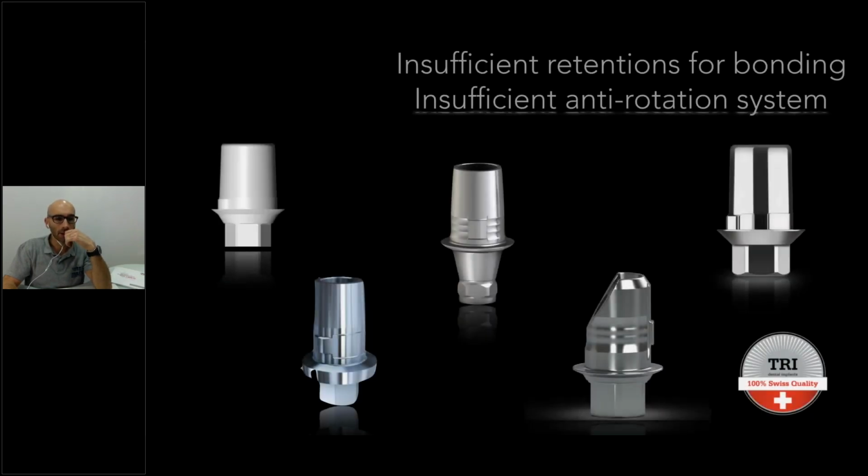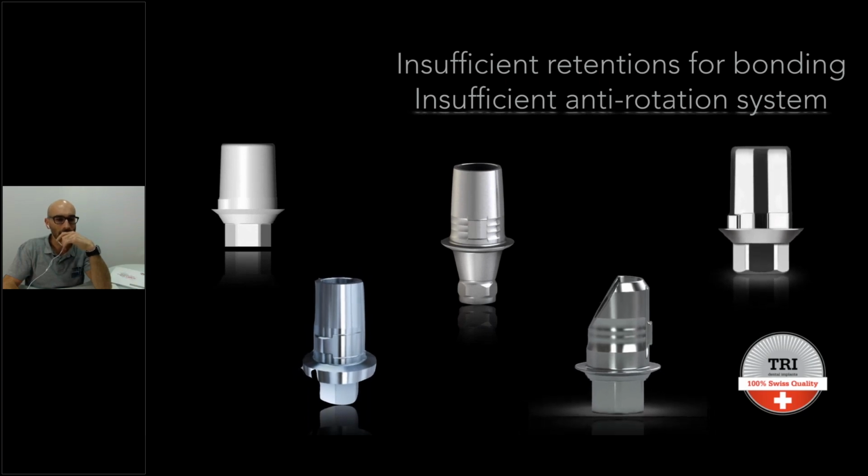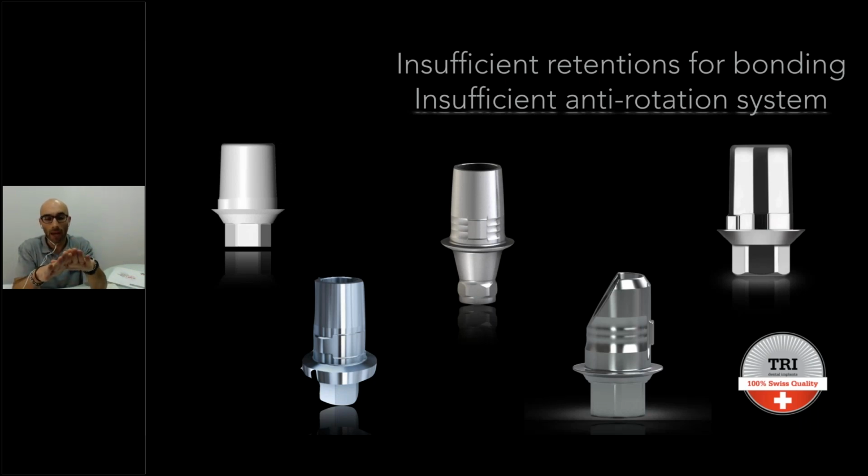So here are a few samples of these disadvantages. Here, as you can see, we have some T-bases available on the market from different companies. And as you can see, the anti-rotation system is absolutely wrong. It's too small, and they have squared angles that are impossible to reproduce with the milling machine, or not impossible, but not in a good way.